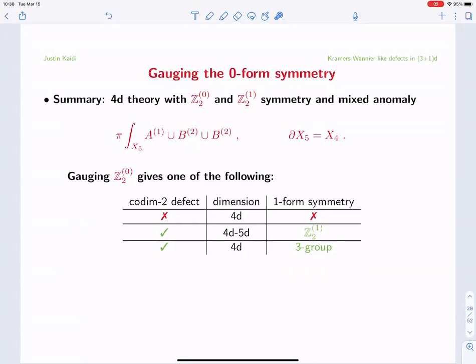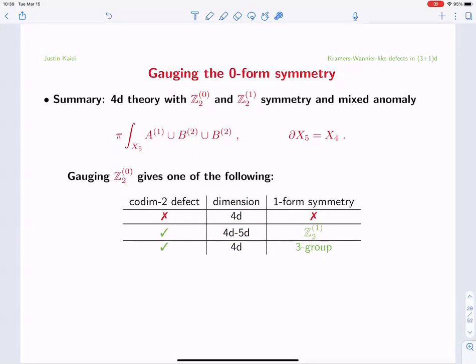One is that I get a 4D theory, which has no codimension 2 defect, and hence no one-form symmetry. I can get a coupled 4D, 5D system, which has a codimension 2 defect, which generates a one-form symmetry. And finally, I can sort of have the best of both worlds. I can have a 4D theory, which also has a codimension 2 defect, but now the codimension 2 defect is part of a 3 group.